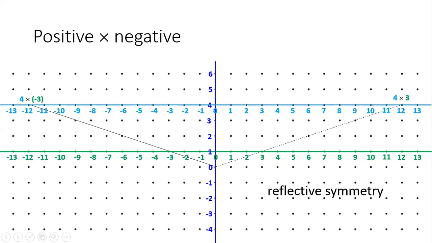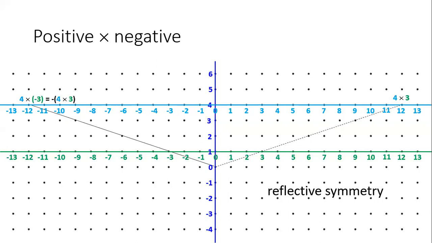And you can see these two triangles are mirror reflections of each other. So this 4 times negative 3 is nothing but negative of 4 times 3. That is, their magnitudes are the same for both the products, and they just have different sign.